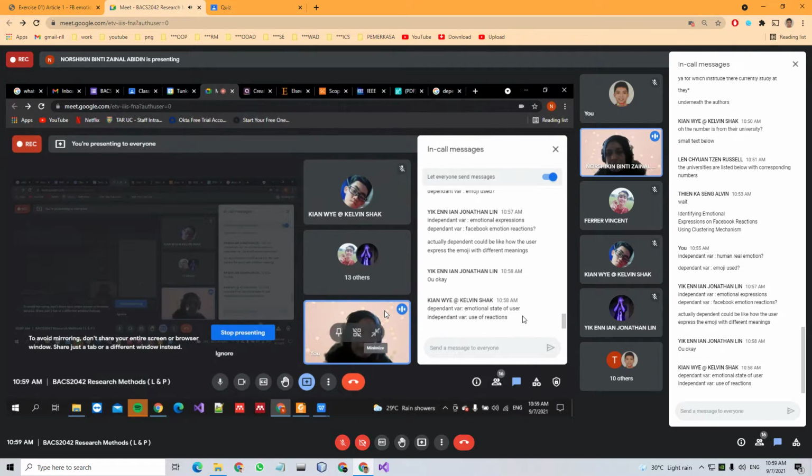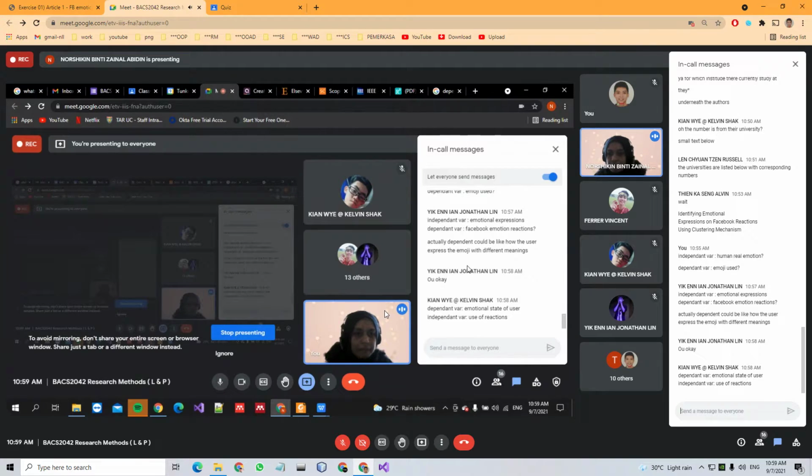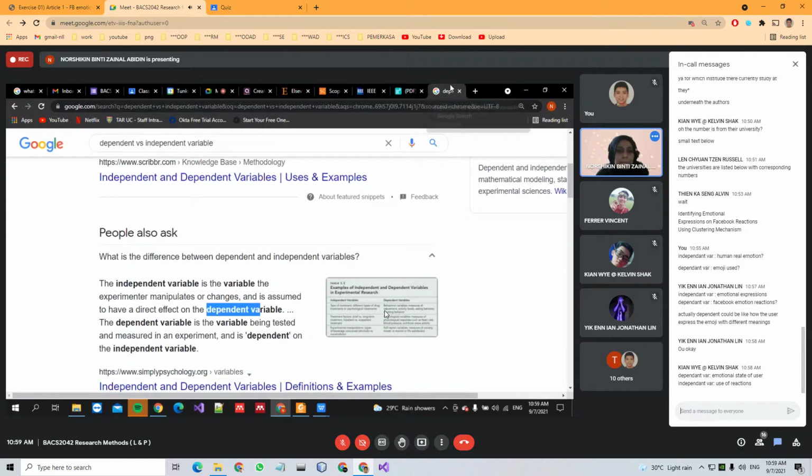Ian and Noel gave the same answer. Dependent is something that is affected or changed because of something. So they use the reaction or emoticon, and the use of emoticons represents the real state of the user. You can see here, the dependent variable.